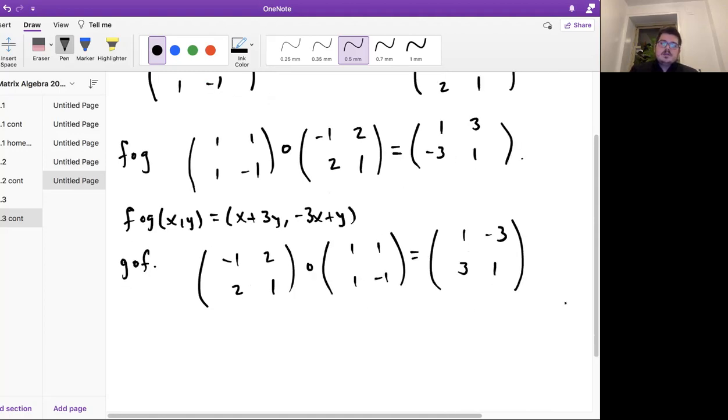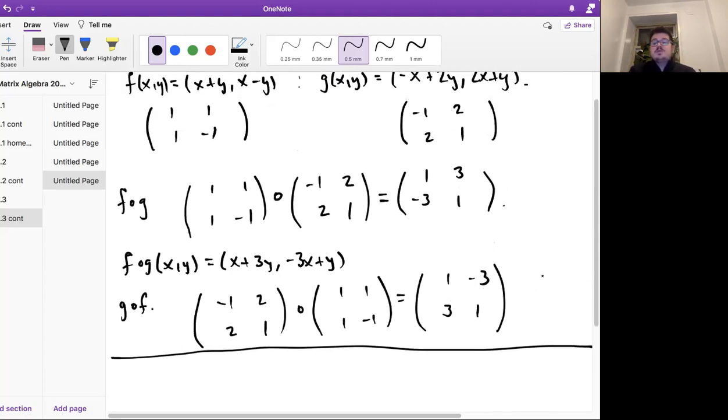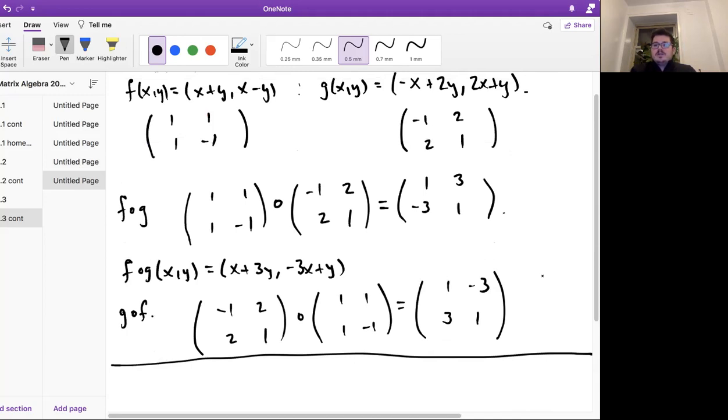Okay, does everyone see what the goal is? We're trying to define what this process is just by looking at the matrix rather than going through the whole composition like we did.